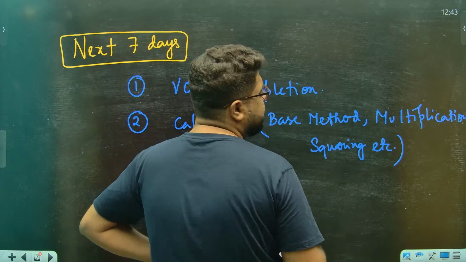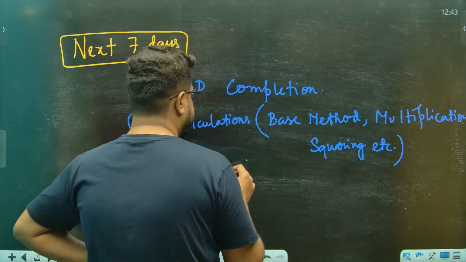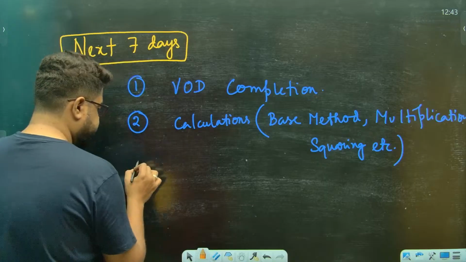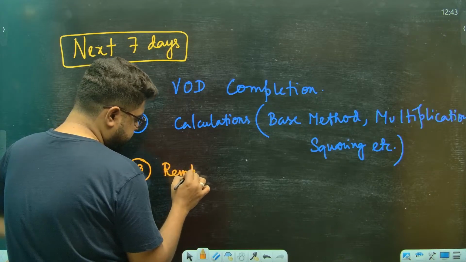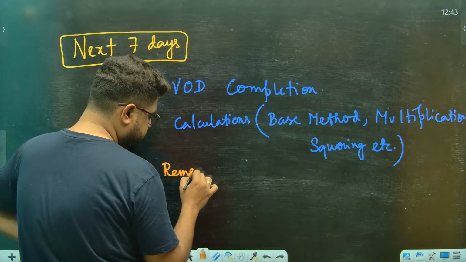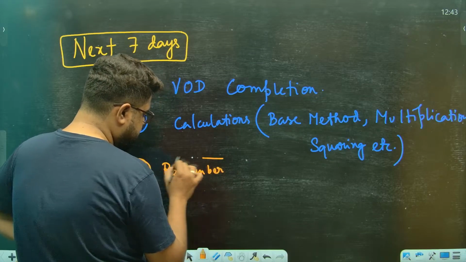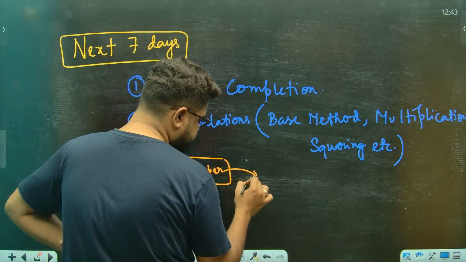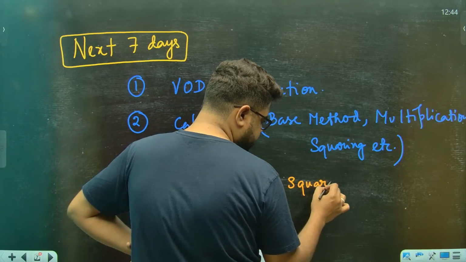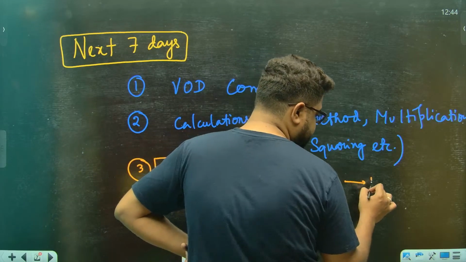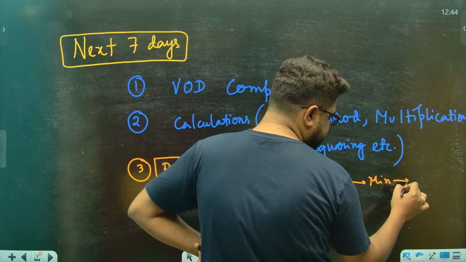Another thing that I'll definitely recommend is to remember squares. Remember what, sir? Squares, minimum till 32, sir.